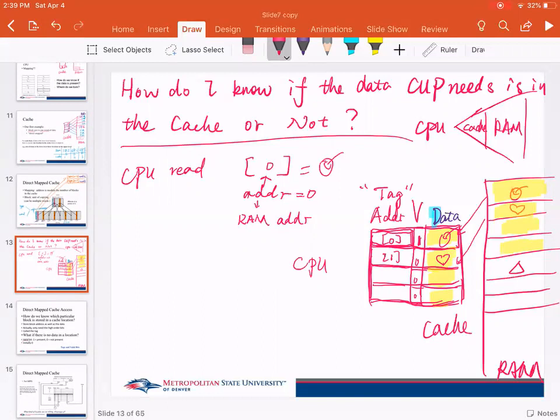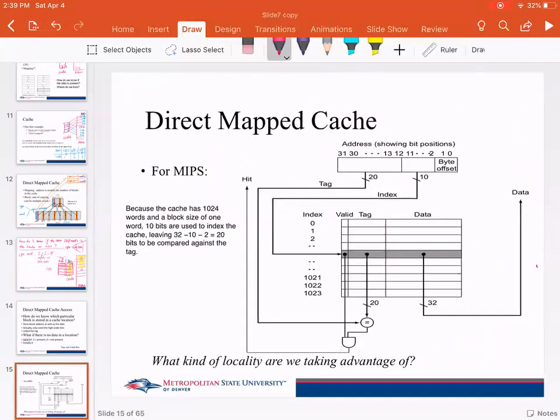So how can we implement this? How does the circuit of the cache memory look like? It is actually more complex than this figure. It will look like this. When we look at the big block in the middle here, this is similar to the previous figure. For each row, we call it a block. Remember, we call it a block. For each row here, for a direct map cache, it is a block.